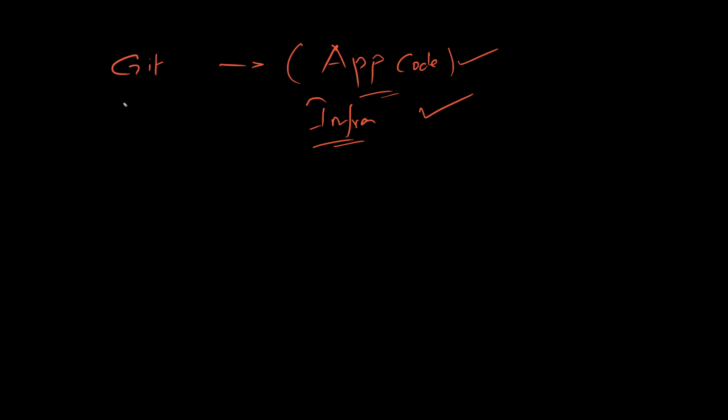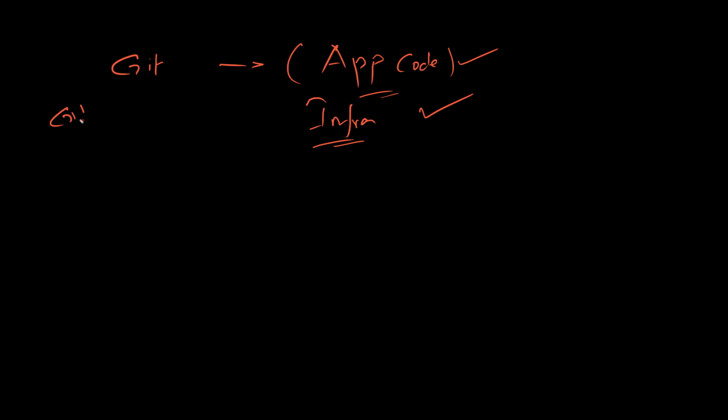Let's assume there is a project, any project, and this project needs some application code and then infrastructure. This is built by some people and this is built by some people. Whatever methodology you use to build the application code, GitOps assumes that everything is stored in Git.